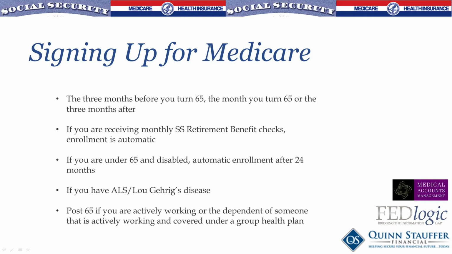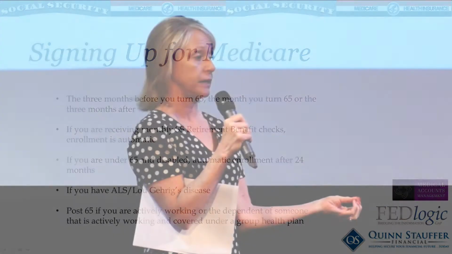And then you can defer signing up for Medicare and come in post your 65th birthday if you are covered under an employer group health plan or a union plan and are actively working, or you're the dependent of somebody who's actively working and covered under an employer plan.